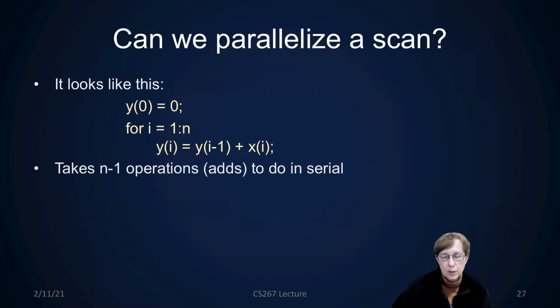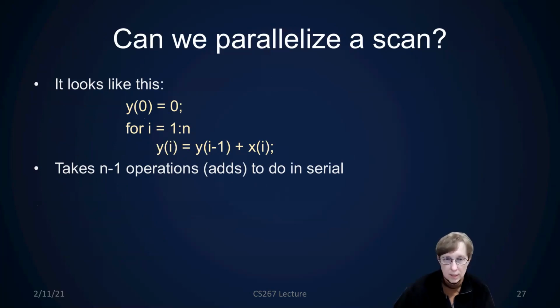If we look at the pseudocode for something like an add scan, it's just running through the output array and adding each of the corresponding elements x sub i onto the previous result in position y sub i minus 1, and then putting the result in y sub i.